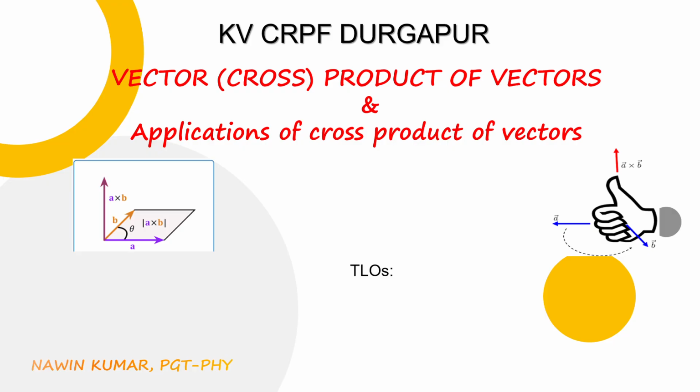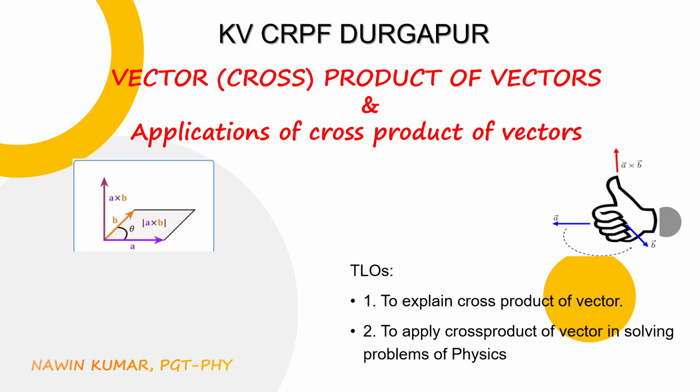So the learning outcomes of this e-content are: students are capable of explaining the cross product of vectors, and they can apply the cross product of vectors in solving several problems.